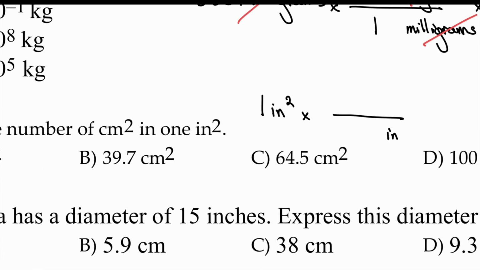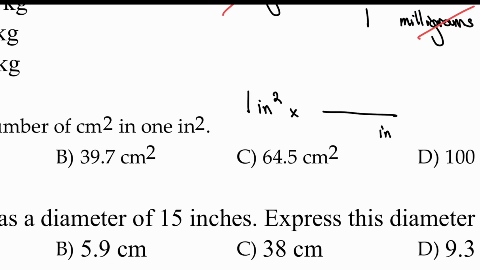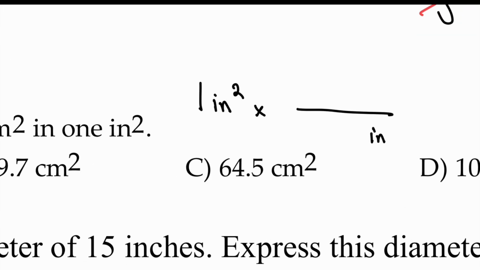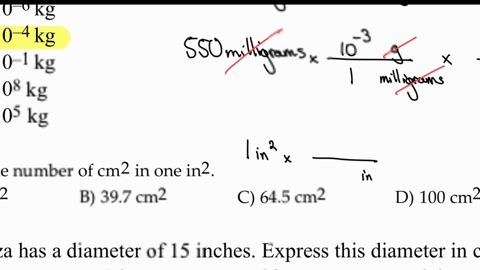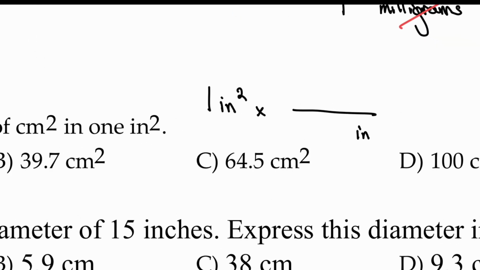I believe we're in, you know what? Let me double check. I think we might be in the, is this the imperial? We're in the US system, so we can't use 10 to the something.